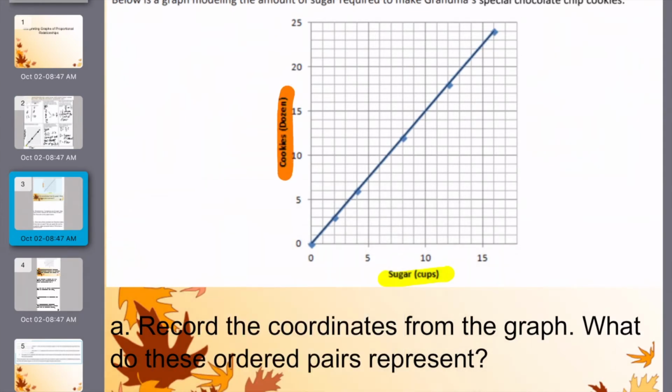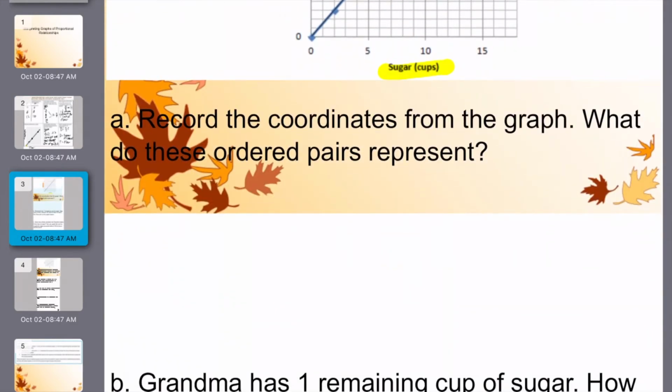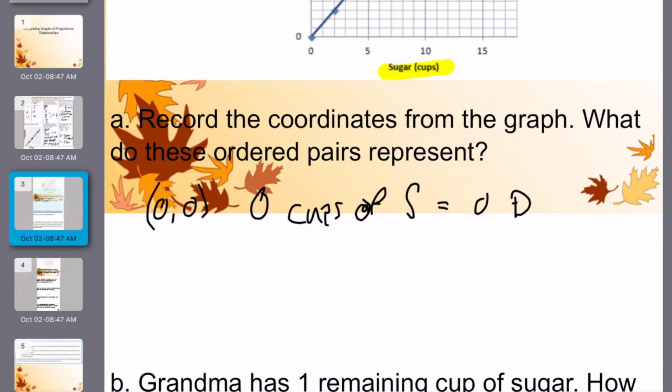Okay, so from looking at these points, I have the point 0, 0, which is 0 cups of sugar will result in 0 dozen cookies. 0 cups of, I'm going to make that S for sugar, equals 0 dozens.